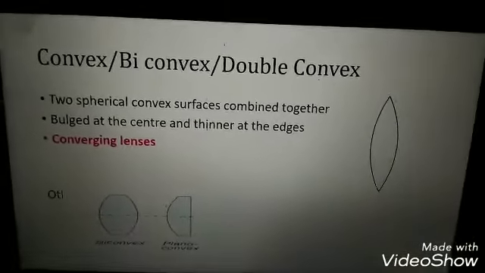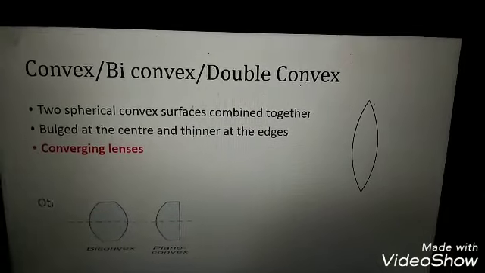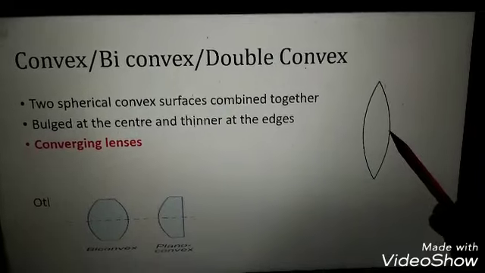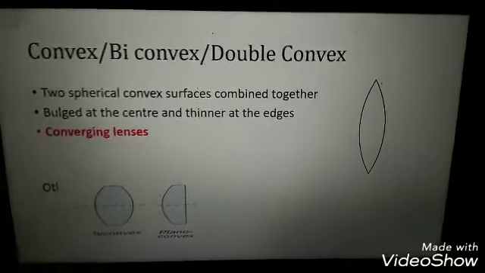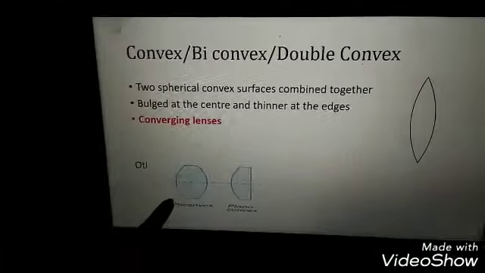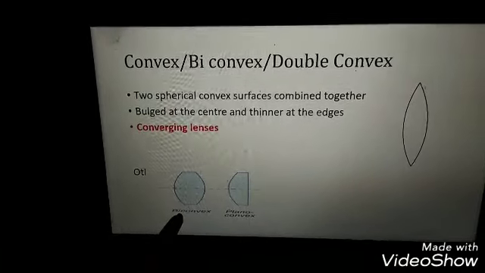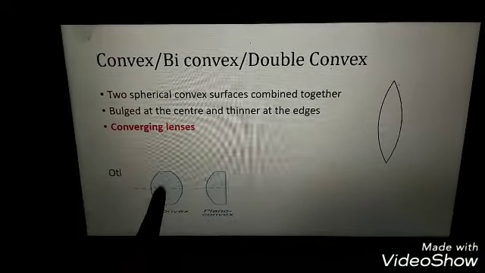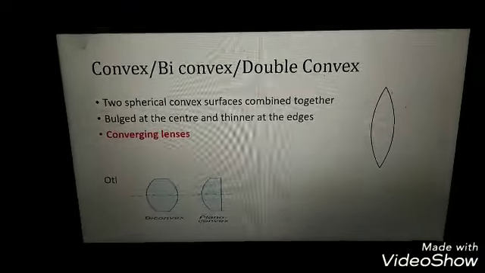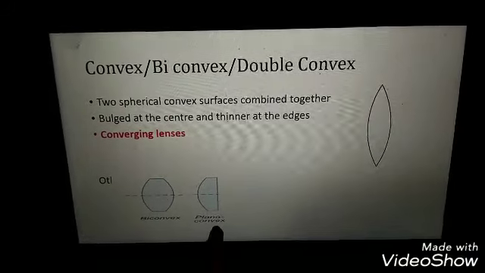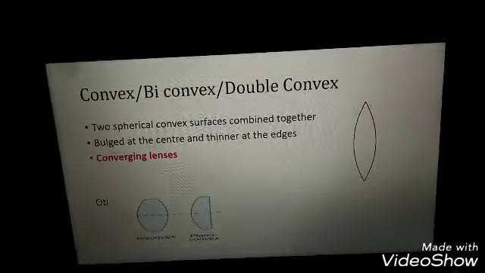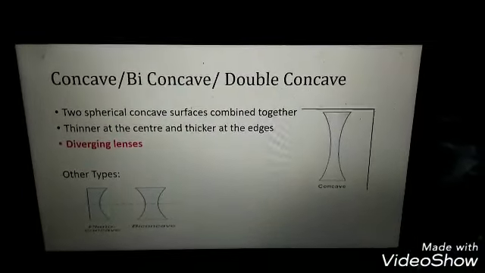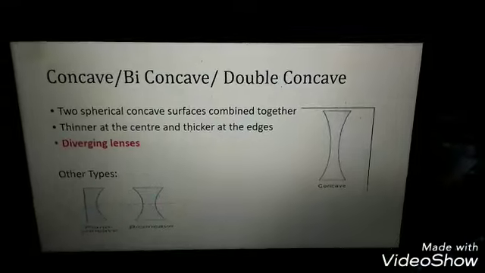Both are combined together, and the major property is it is bulged at the center and thinner at the edges. This other type, which we saw in the previous slide, is the plano-convex.